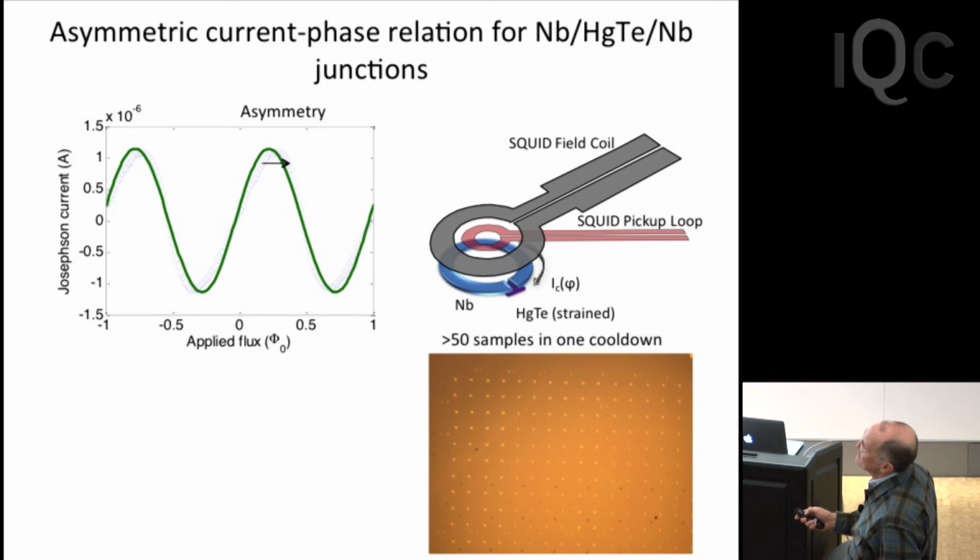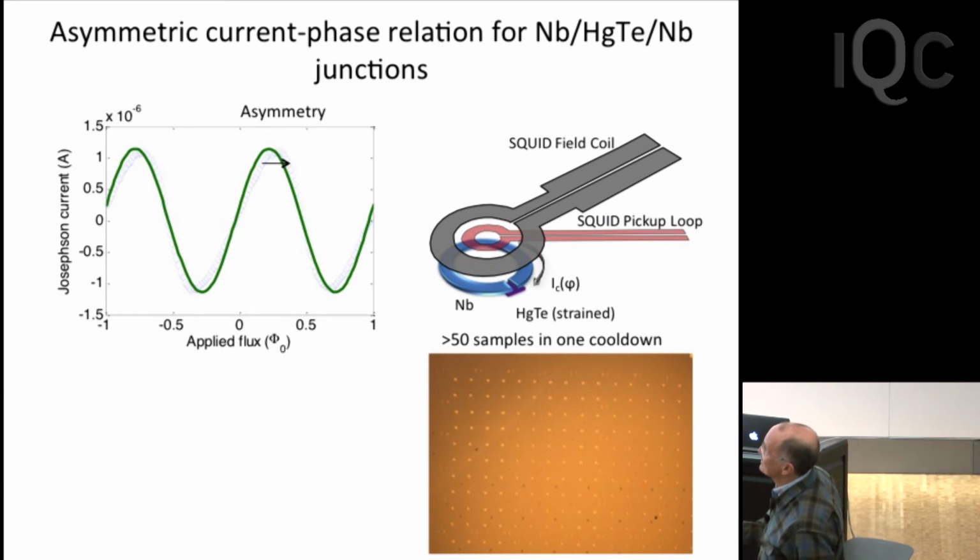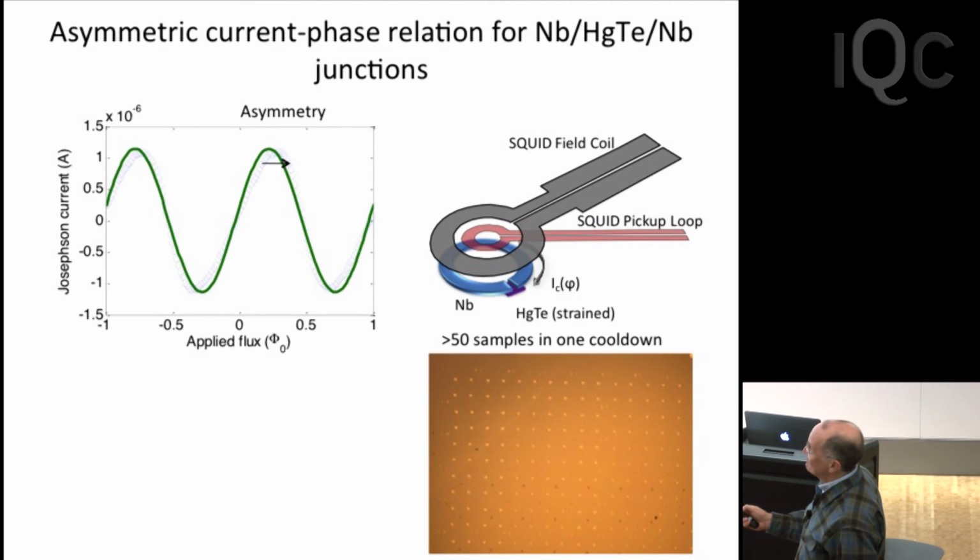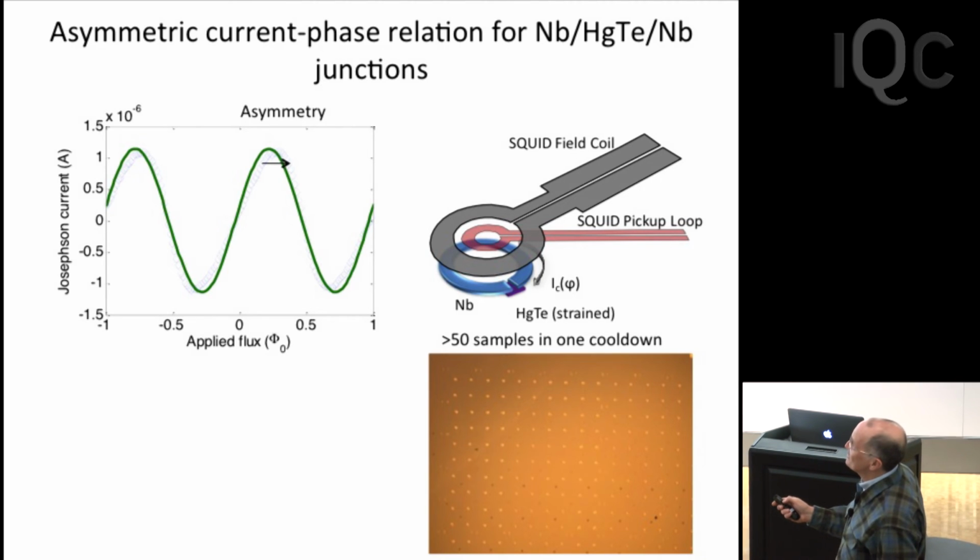So this is the current phase relationship that Ilya got. It's a little bit hard to see, but there are a bunch of symbols there, little circles. And superimposed on top of that is the Josephson sinusoidal current phase relationship. And what you're supposed to notice is that the experimental current phase relationship is skewed.